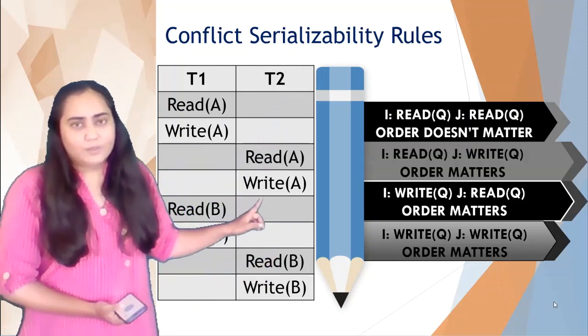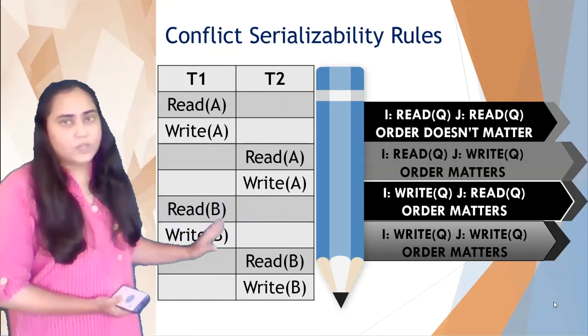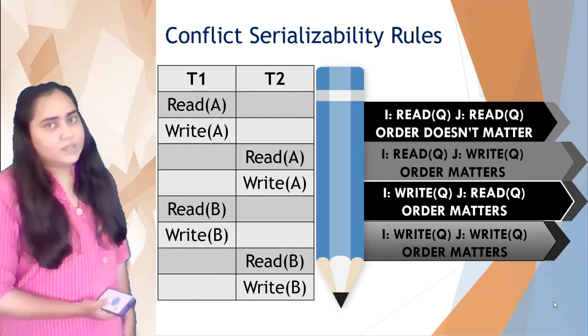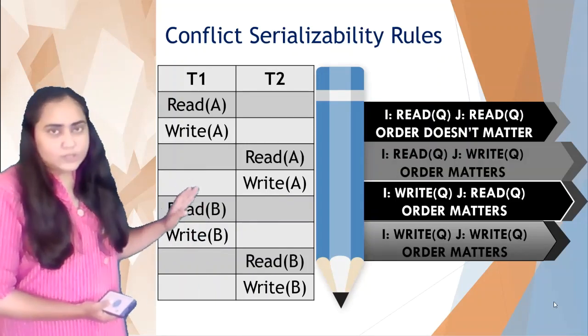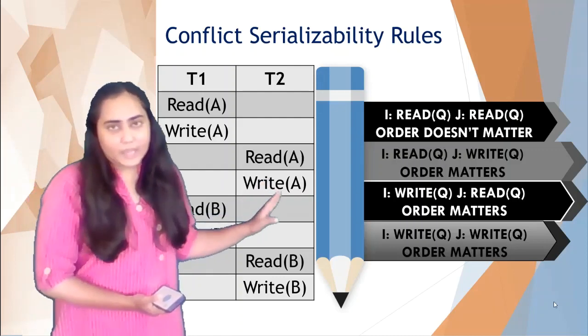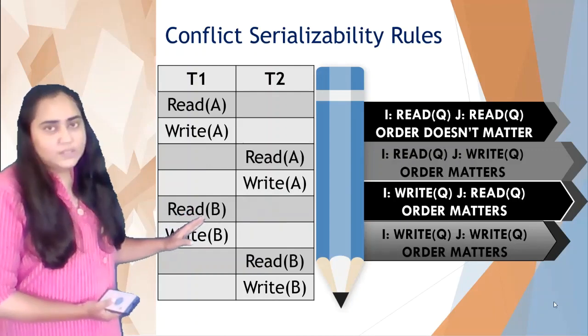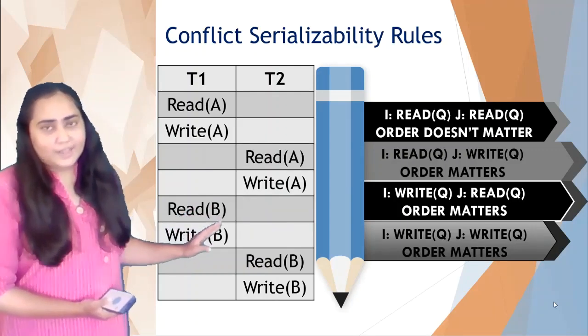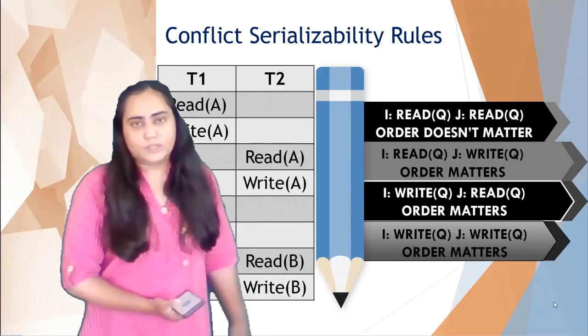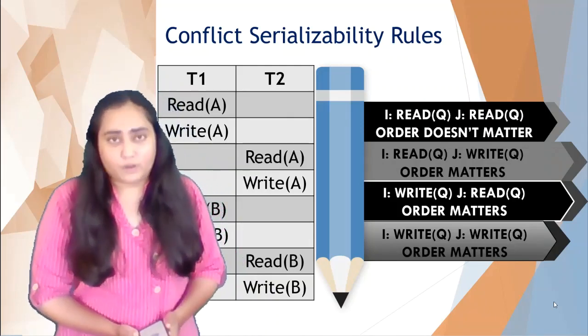So I'm going to now compare my write A operation with the next operation, which is read B. In this case, you should notice that the write A operation has the variable A and read B has the variable B. So both are different, and hence you cannot apply any of the rules present here because the two transactions are working on different variables.